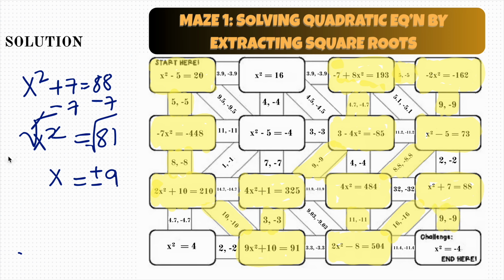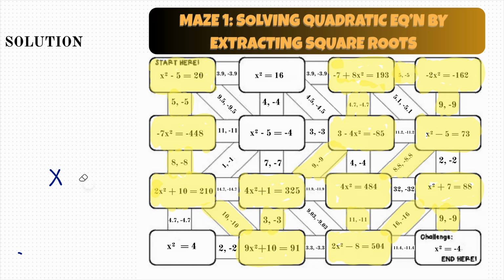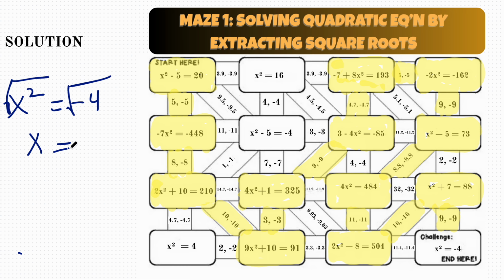Okay, so we end here, but there is a bonus problem or challenge. Let us try solving x squared equals negative 4. As you can see, the x squared here is already isolated. So what we are going to do is get the square root of both sides, and then x would be the remaining left here.